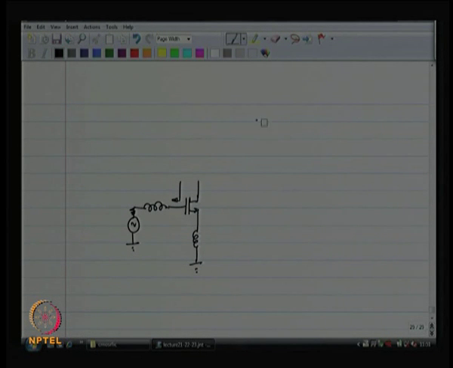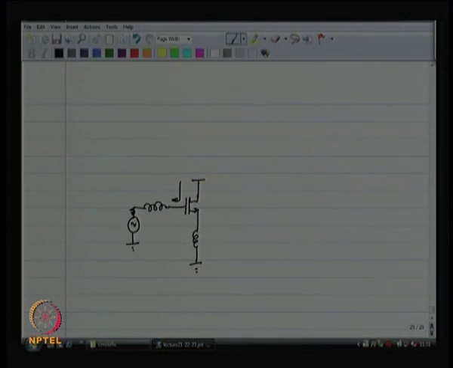Let us say that all I have got is this, and the MOSFET produces its own noise. Let us focus on the channel noise of the MOSFET. So, the channel noise of the MOSFET, I have got a mean square noise current over here, which is in addition to the channel current.